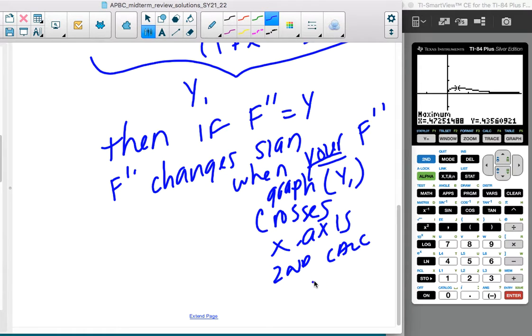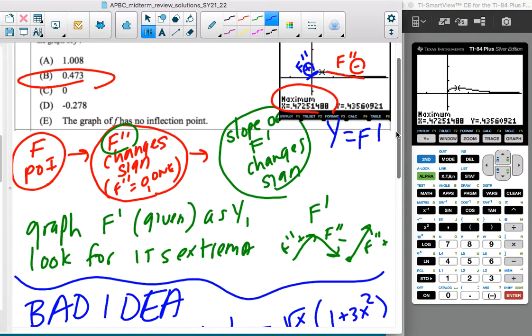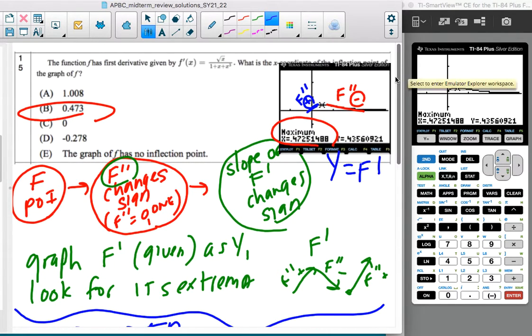So instead of finding the max, you would find when this crosses, and you're going to get the same answer. I'm not going to do it because it's a terrible idea, and it would be much more work, but you definitely could find it by finding the second derivative by hand, which is really tedious and awful, and then second calc zero to find where it changes sign. Really not worth it in my opinion, just throwing that out there.